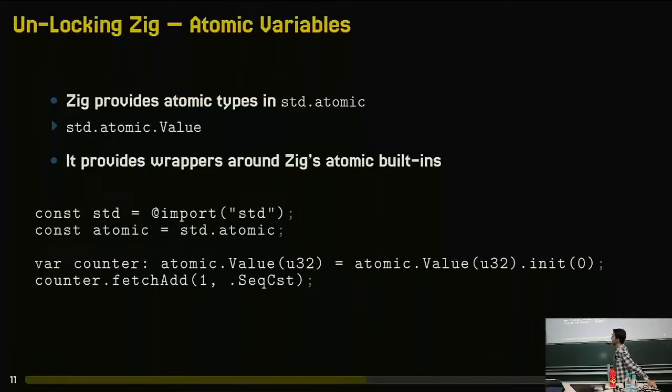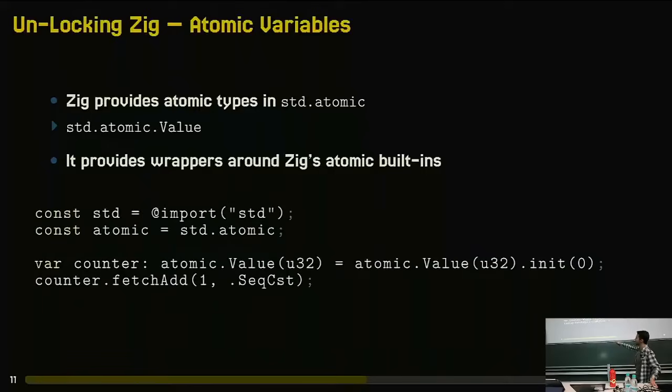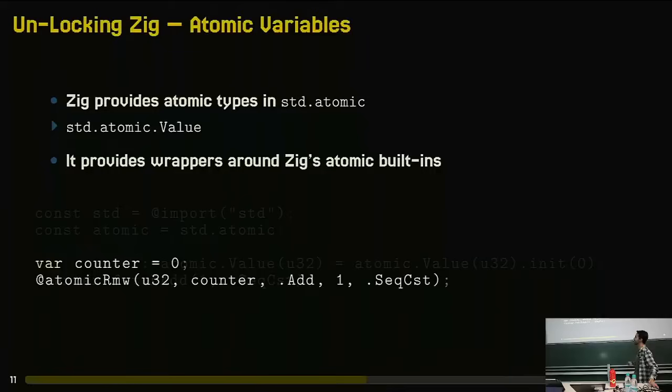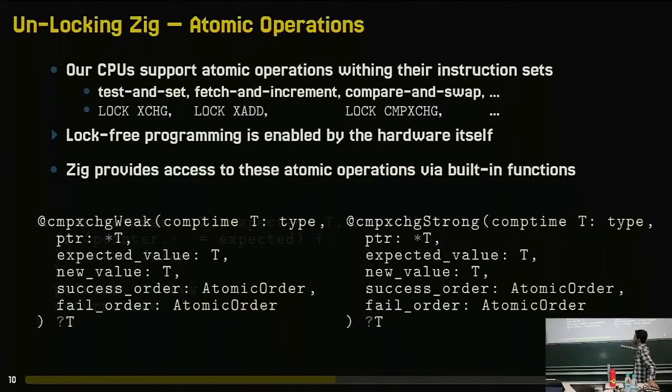Those two lines would exactly translate to just this single built-in, which is atomic read and write, with the operation here and the value here, but working with a real type and a function-looking thing is way nicer than always writing out this old beast. And we again see there's another additional parameter, just like we had earlier. This is the same type, and we will get to know it in a few slides.